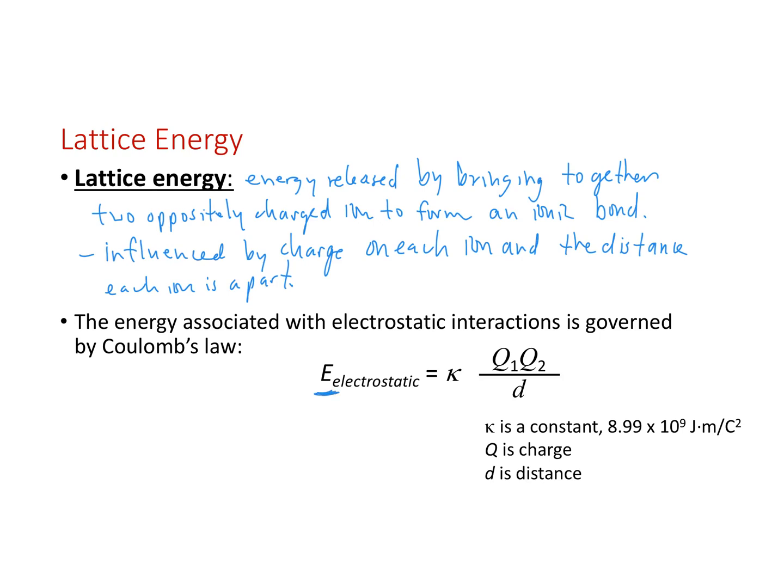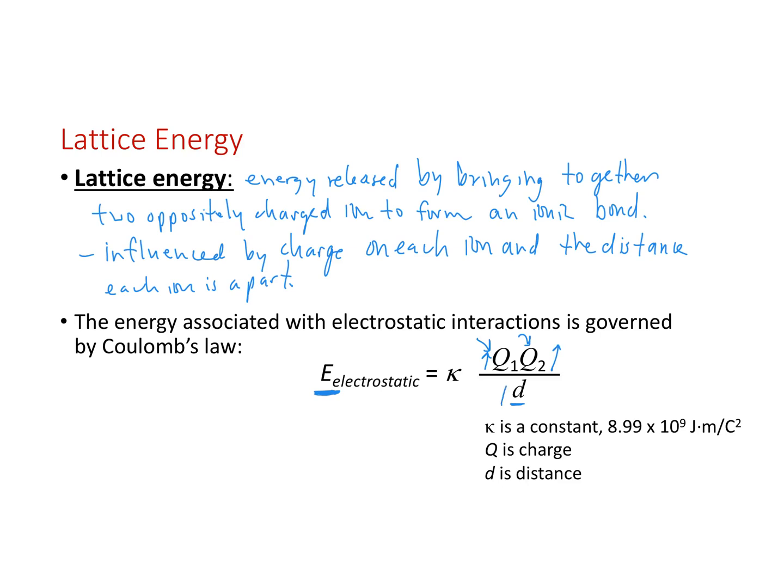I wouldn't ask you to have to use this calculation, but this is where we get an idea of our law of attraction: this electrostatic attraction equals our constant times the charge on each of those ions divided by my distance. So as charge increases, that's pretty easy to see, my electrostatic attraction increases.